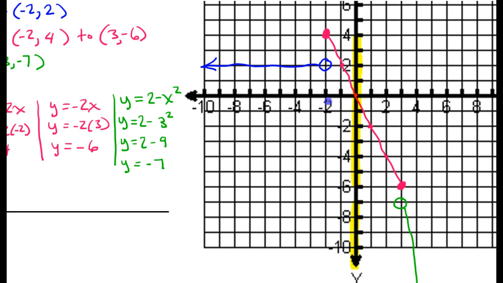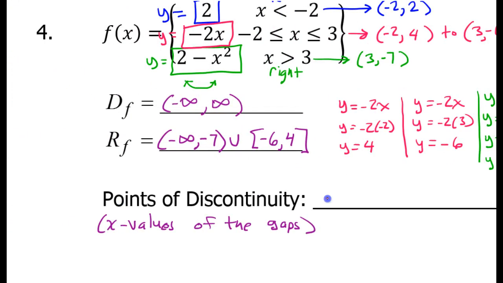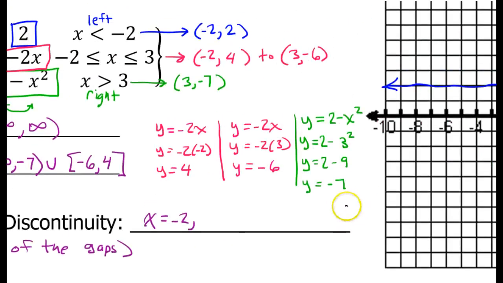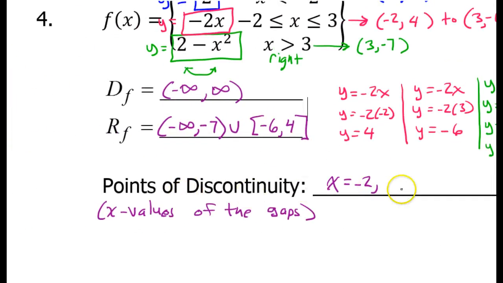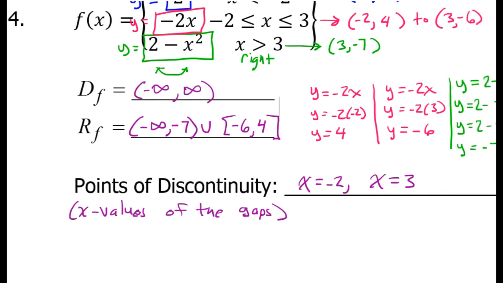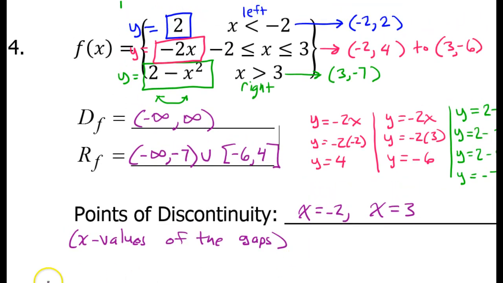The x value is negative 2. So one point of discontinuity is x equals negative 2. We have another break, another gap right here. The x value of that is 3. So that point of discontinuity is x equals 3. So that is it for problem number 4.